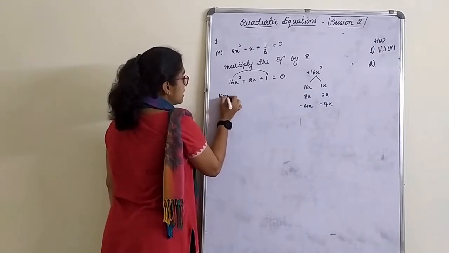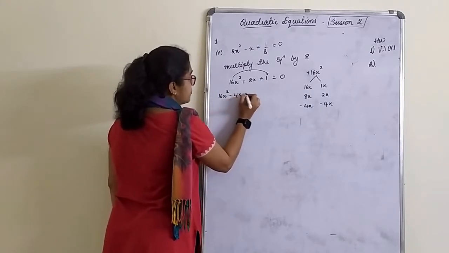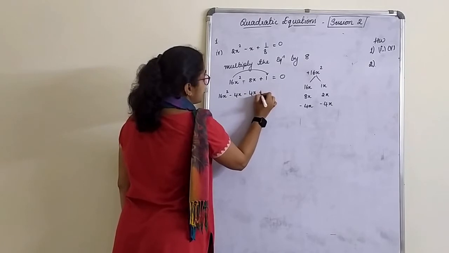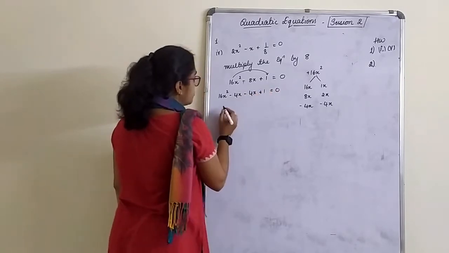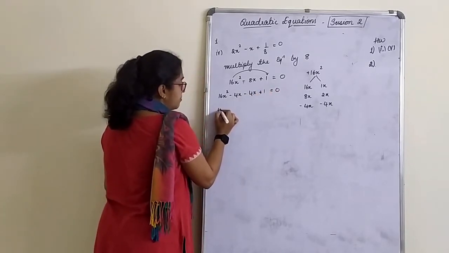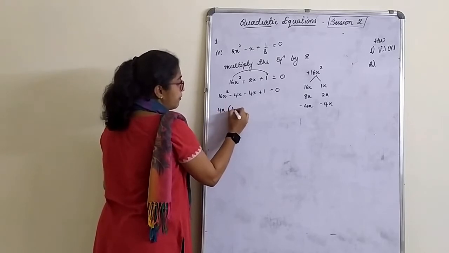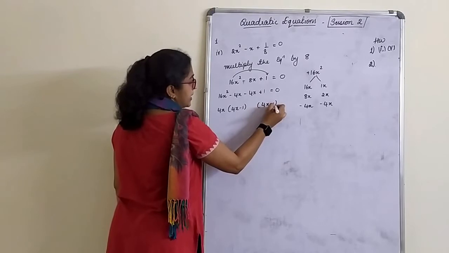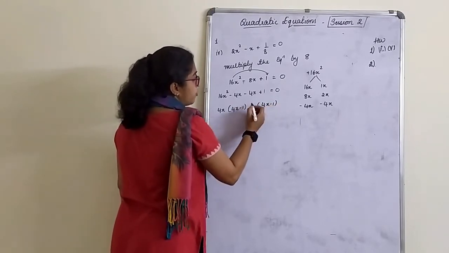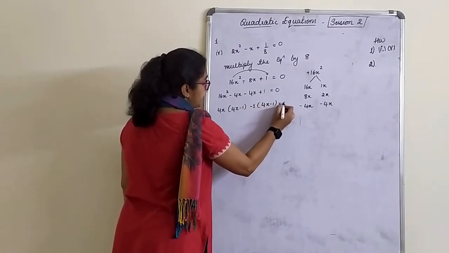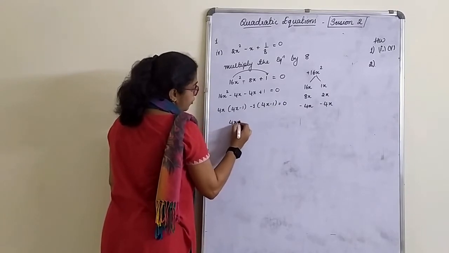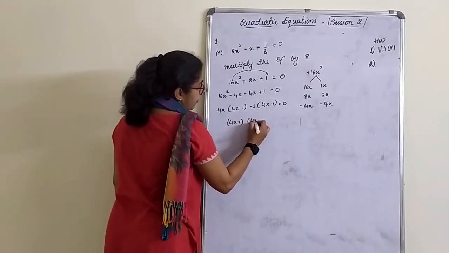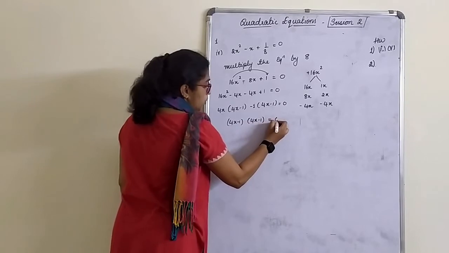So this is 16x square minus 4x minus 4x plus 1 is equal to 0. So what can I take common? 4x I can take common. 4 4s are 16 minus 1. Here also 4x minus 1. 4x into what will give you minus 4x? Minus 1. So this is 4x minus 1, 4x minus 1 is equal to 0.